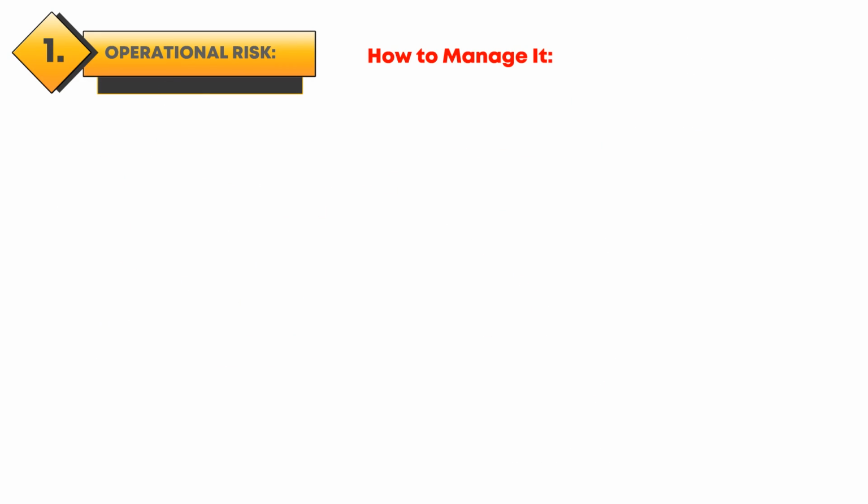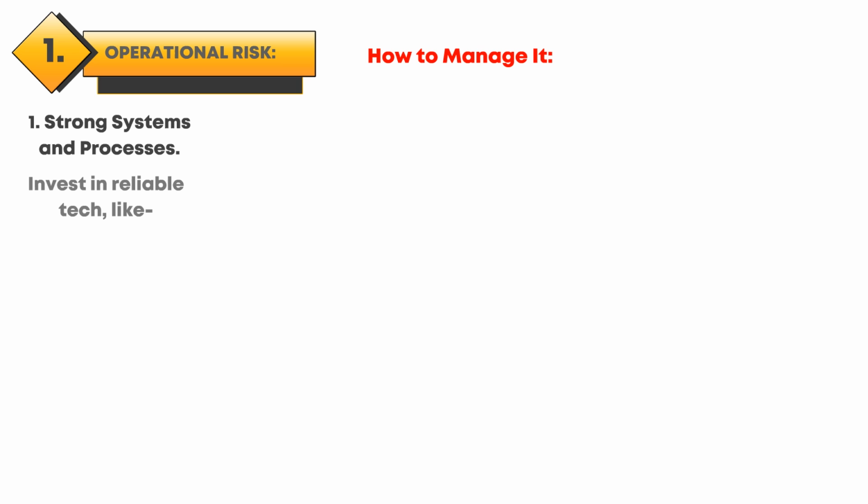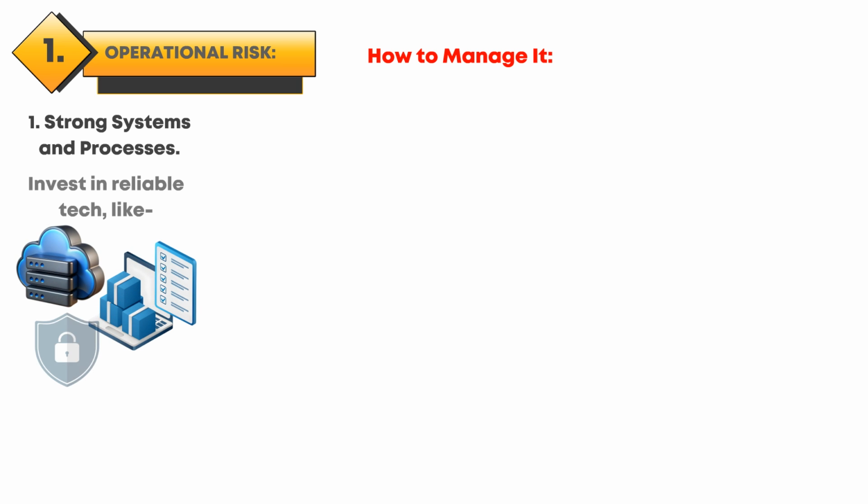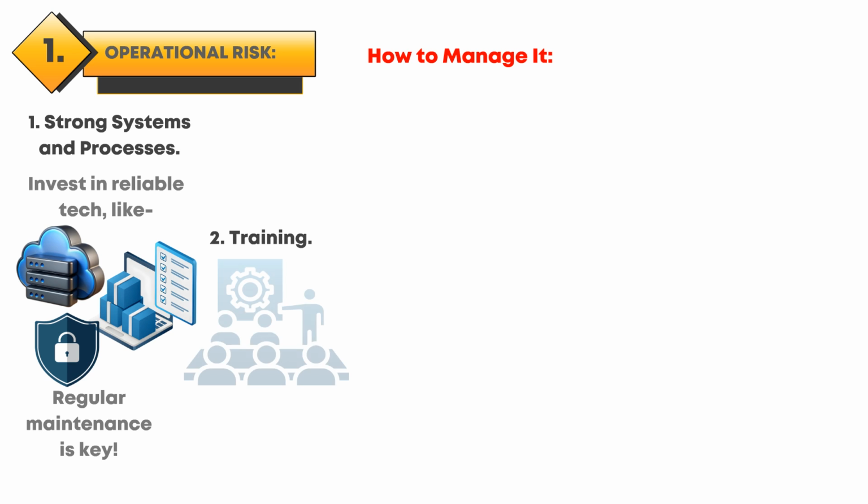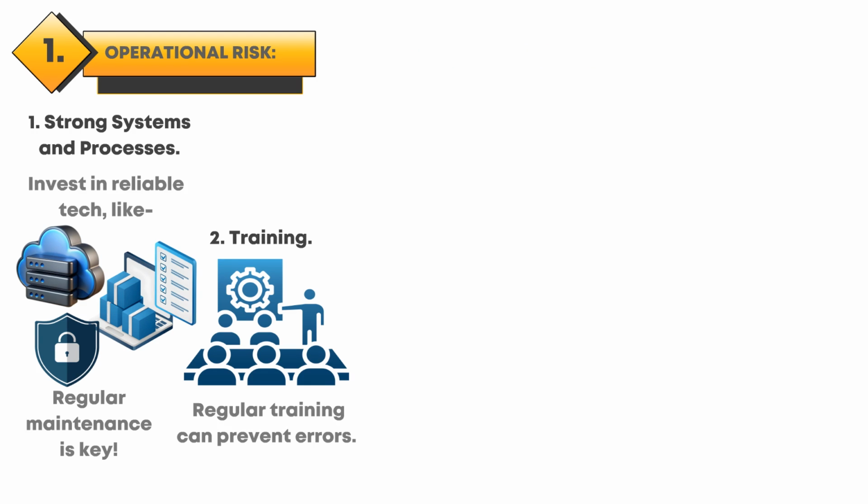Now let's talk about how to manage it. 1. Strong systems and processes. Invest in reliable tech, like secure servers or updated software, to avoid breakdowns. Regular maintenance is key. 2. Training. Make sure your team knows what they're doing. Regular training can prevent errors. 3. Checks and balances.